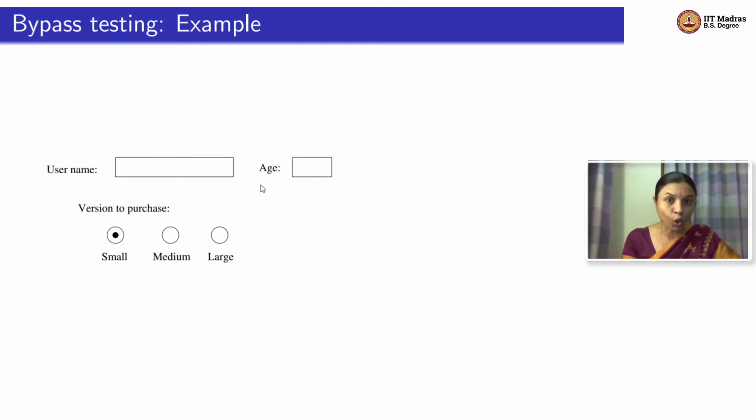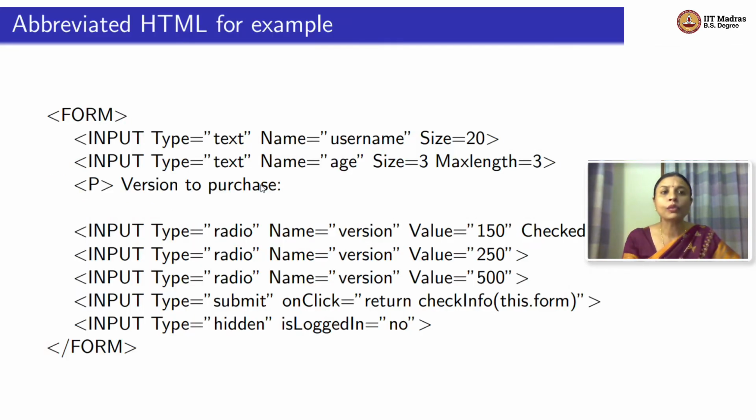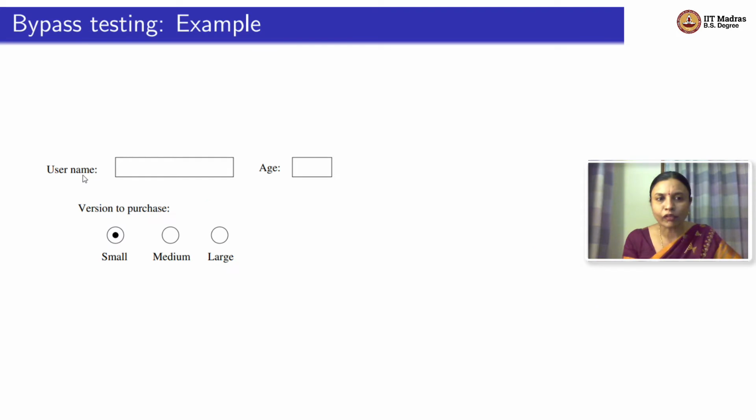If you look at the code that underlines this form, that will look something like this. I'm just giving you a fragment of that HTML code. So I will help you to read it. So it says there is a form. That's what is this tag form that begins with. And it says input. There are 3 inputs that it form has: username, age, and the version to purchase. Username as an input is a text. Age as an input is another text.